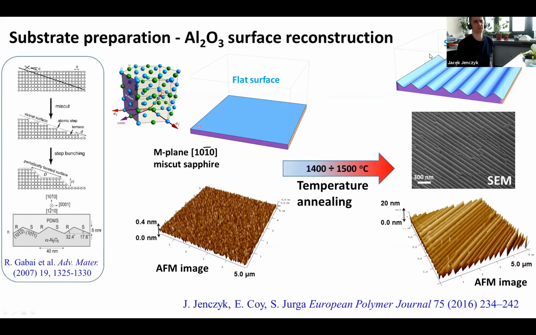And there is a very nice example where you can use sapphire monocrystalline substrate, which is miscut in such a way that you miscut the monocrystalline sapphire along so-called M plane, and then after annealing this substrate under high temperatures, your sample will undergo surface reconstruction, which leads to this sawtooth pattern arrangement.